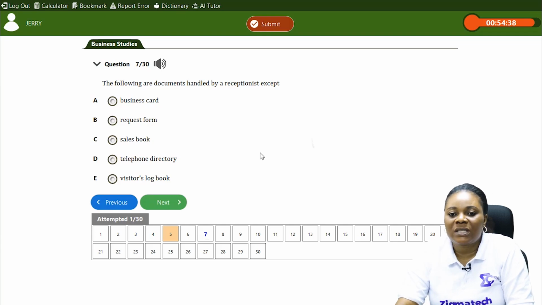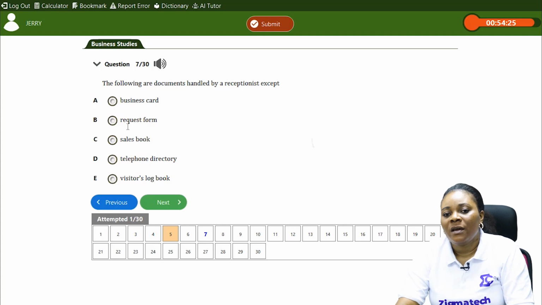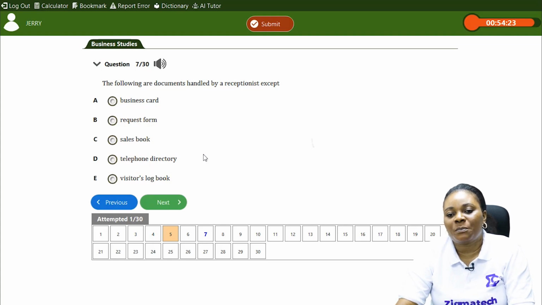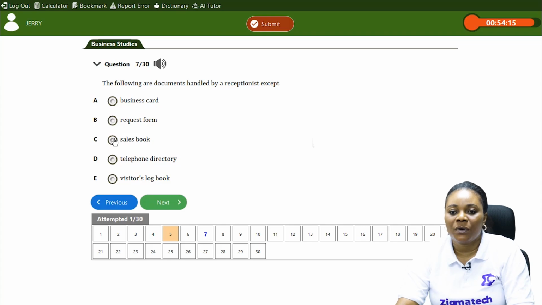The first one we looked at is the visitor's log book, that's option E. We looked at the request form, which is option B. We looked at the business card, otherwise known as a complimentary card, which is option A. We looked at the telephone message pad or the telephone directory, which is option D.